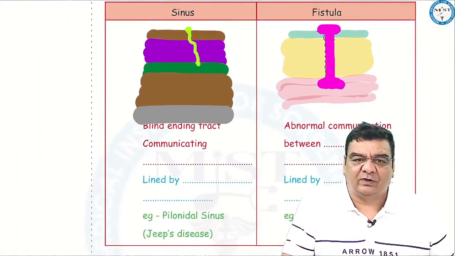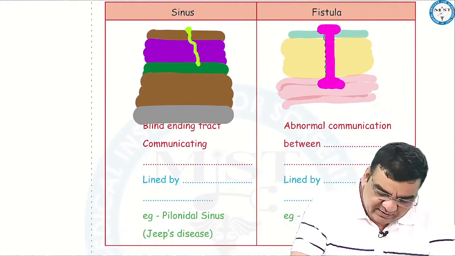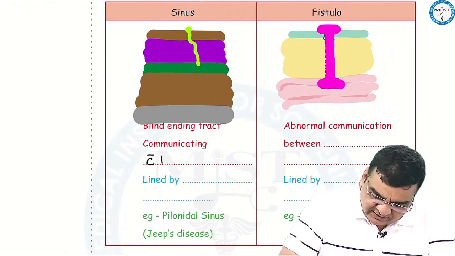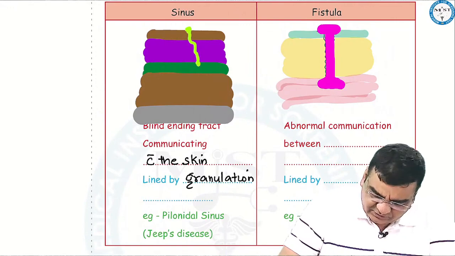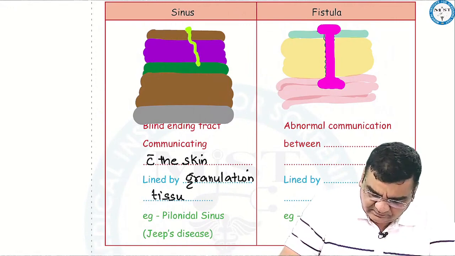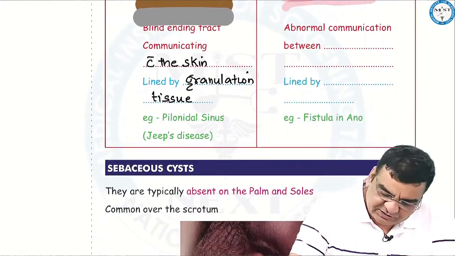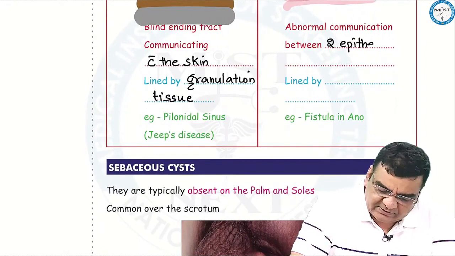So if we just try to compare the sinus and fistula, sinus is a blind ending tract which is communicating with the skin, and this is lined by granulation tissue. While fistula is abnormal communication between two epithelial lined surfaces.